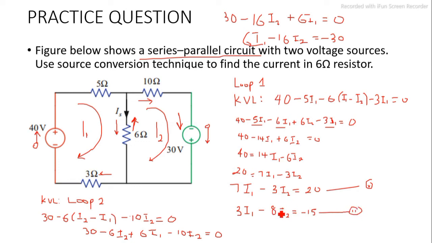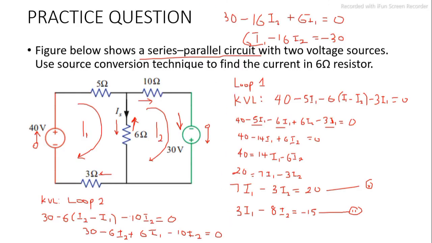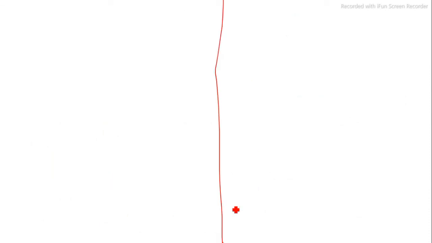So let's solve these two equations simultaneously. Here are the two equations. Equation 1: 7 I1 minus 3 I2 equals 20.